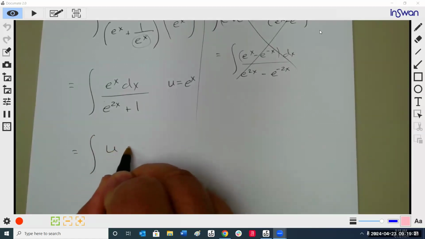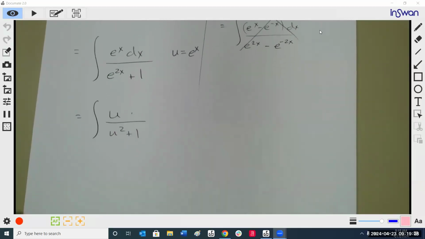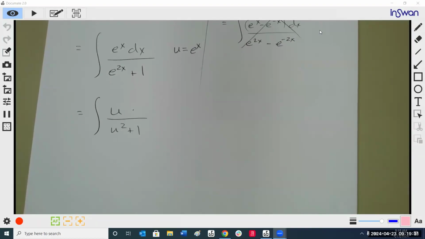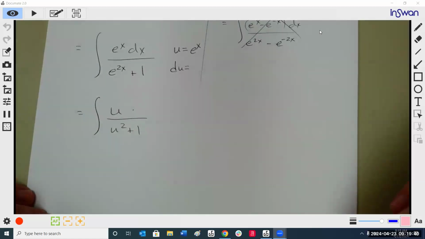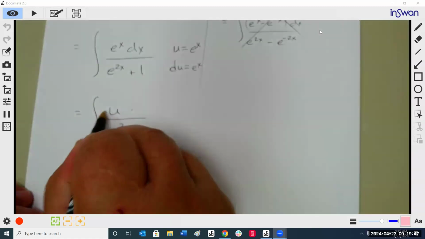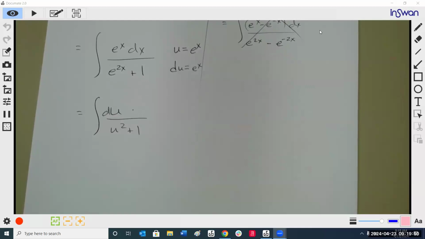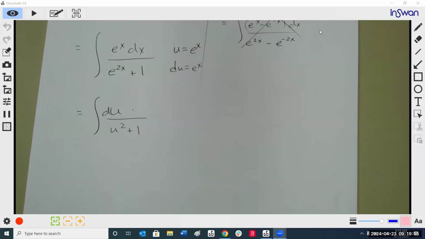So we have u, and this would be u squared plus 1. But what's du? What's the derivative of e to the x? So this is du. So we have u squared plus 1 under du.